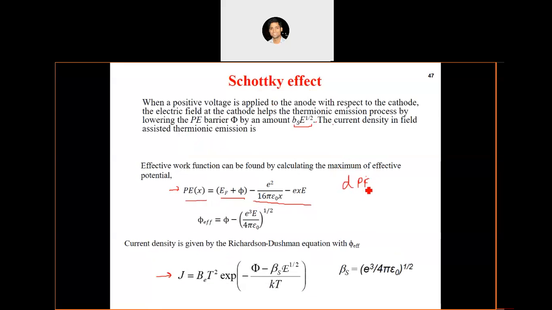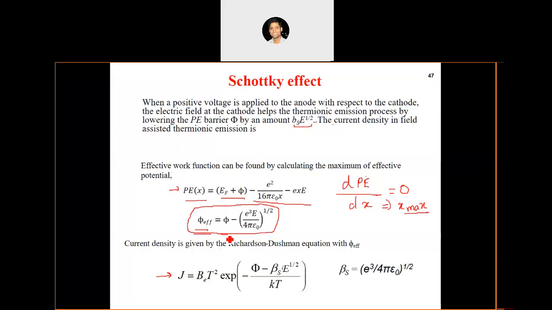For finding the position of the maximum, we need to take the derivative and set dU by dx equal to 0. From there we will get the value of x max, and we can simply plug that into this function for potential energy, and then we will get the value of the potential energy, which will give the effective work function, and that comes out to be this.